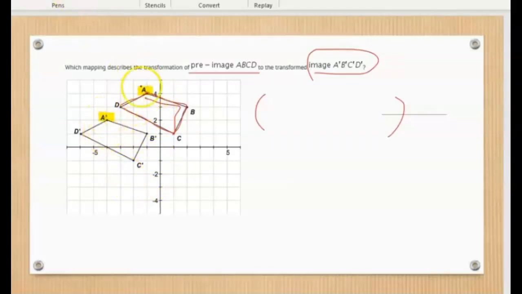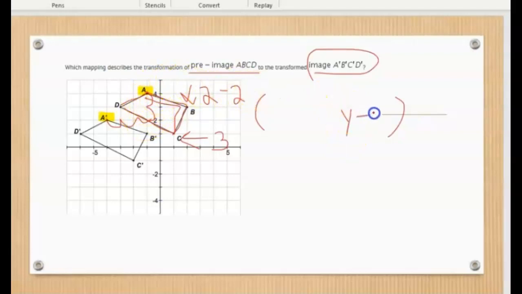So how did point A change? We went down two, and 1, 2, 3, over 3. When we say down, it means we subtracted 2 in the y direction, right? That's up and down, so that's going to change our y values.